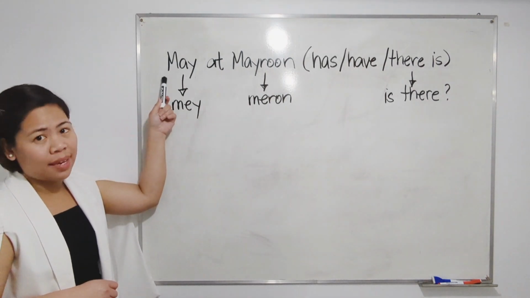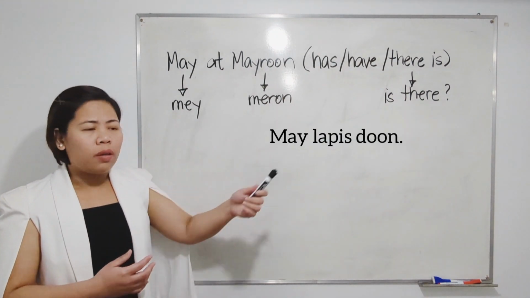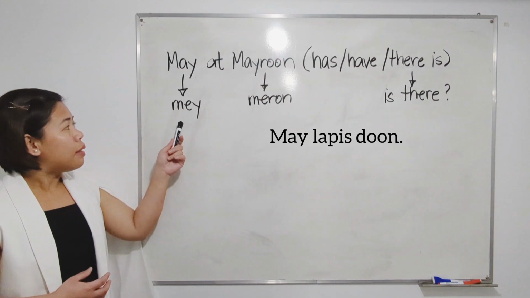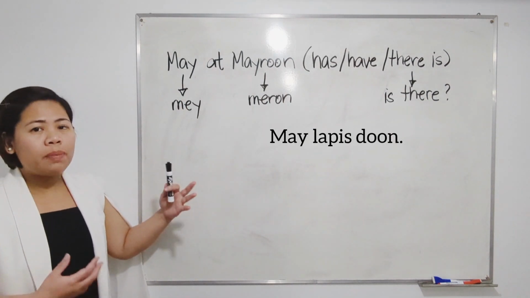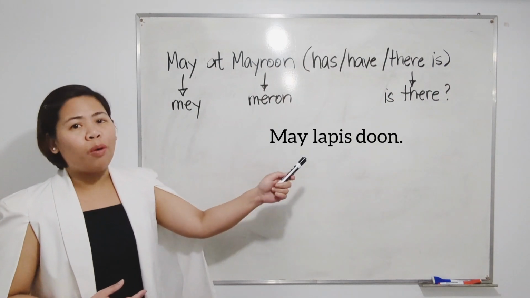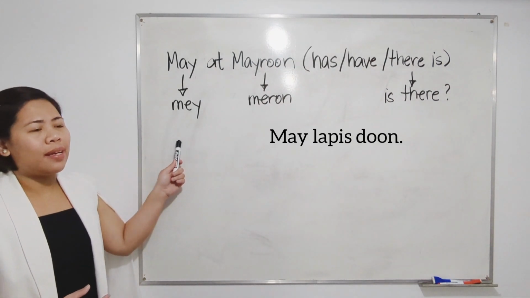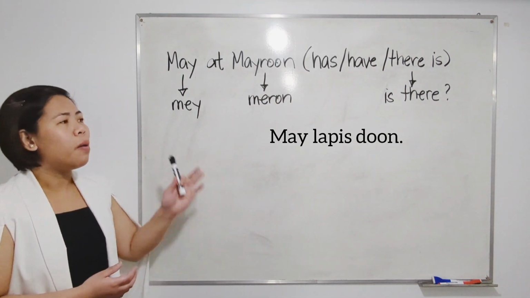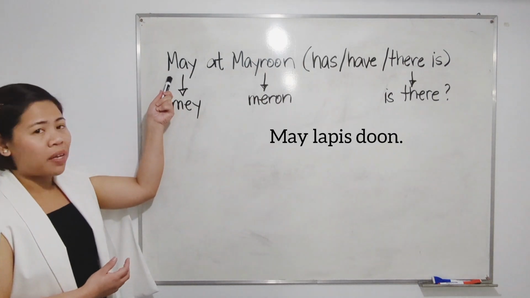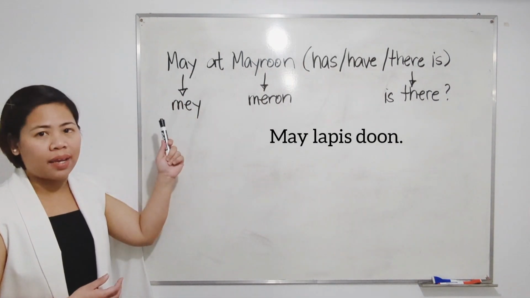It's always may. Okay? But in a sentence, for example, may lapis doon. There is a pencil there. Then you wouldn't say may lapis. Usually people would say mai lapis doon. So may became mai when it is used in the sentence and when it is spoken only, okay? But when it is written, it is spelled as this. When you are reading it, then it will be read as may.